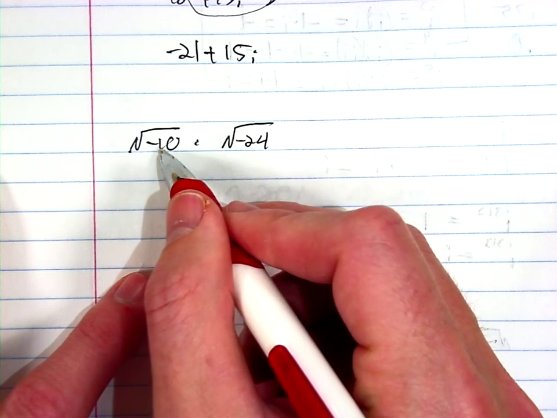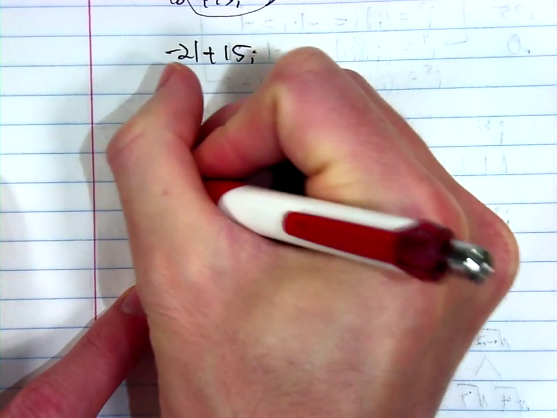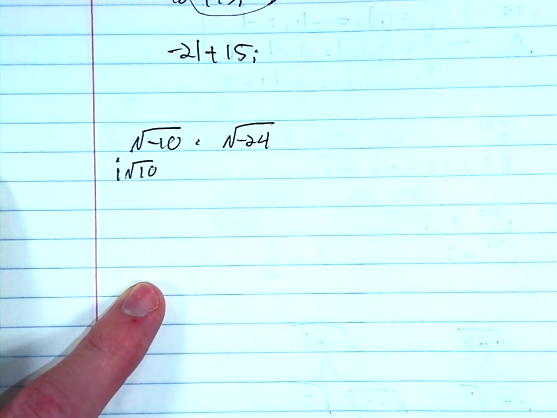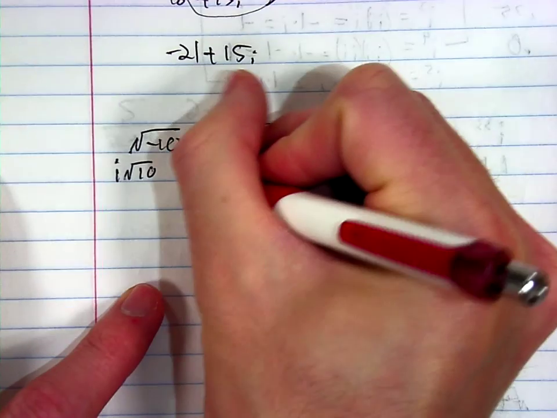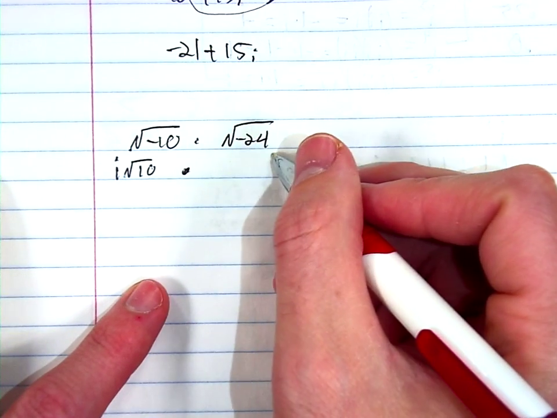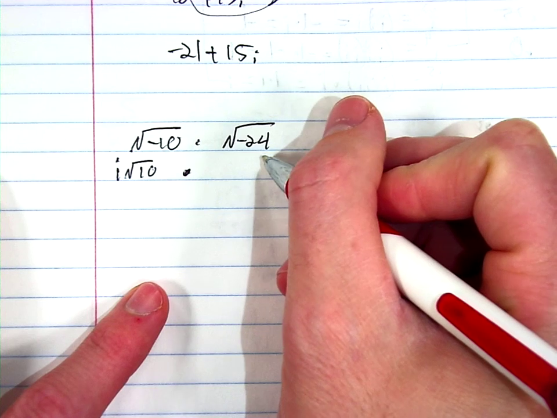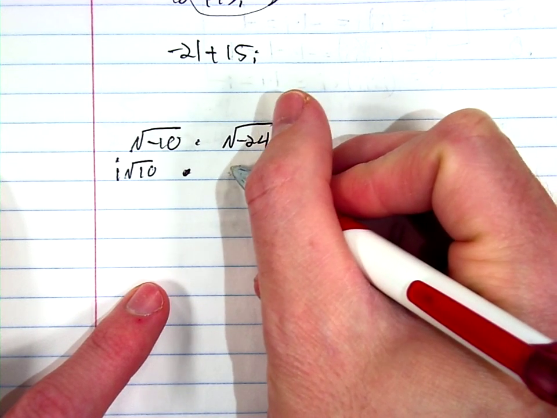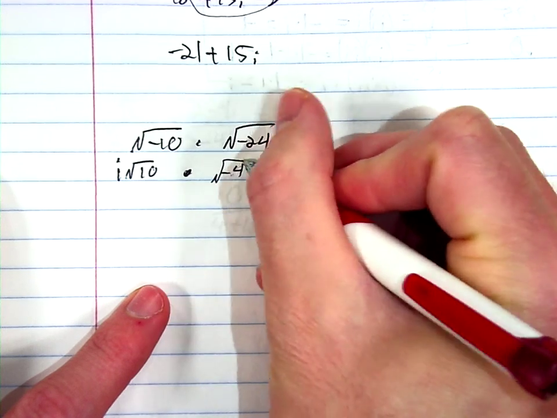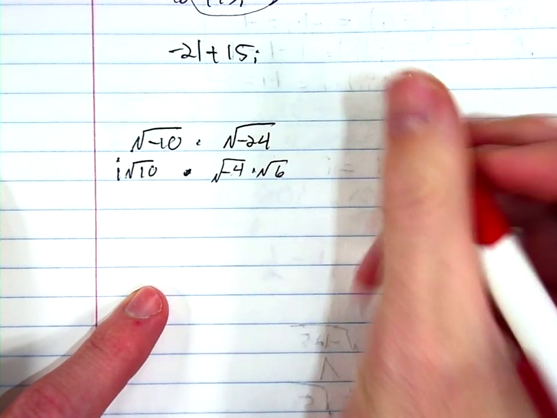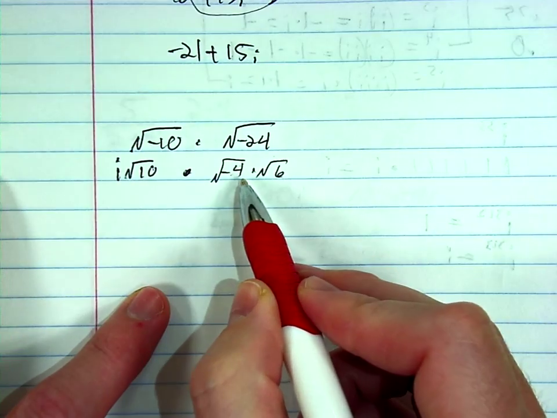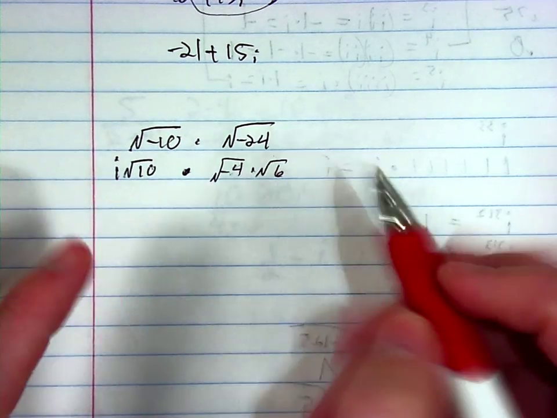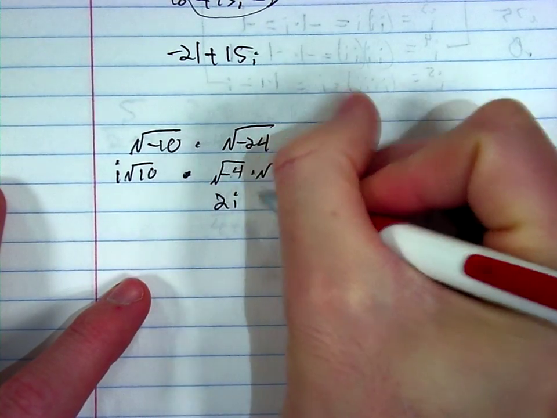The square root of a negative is going to be i, so I'll bring the i on the outside, square root of 10, times, now this one over here can break apart. Negative 24 can break apart into, let's go with a negative 4 and 6. Square root of 4 is 2. Square root of negative 4 would be 2i.